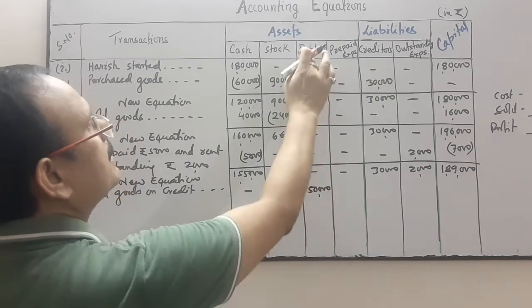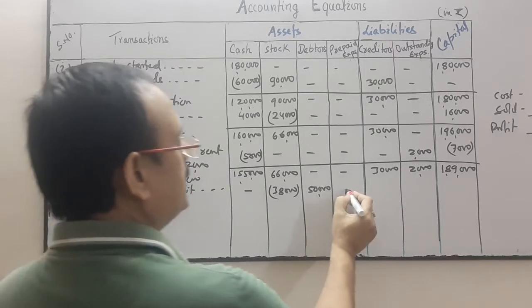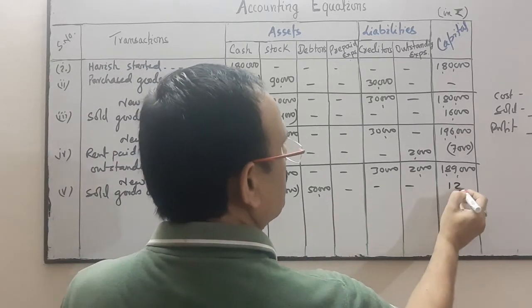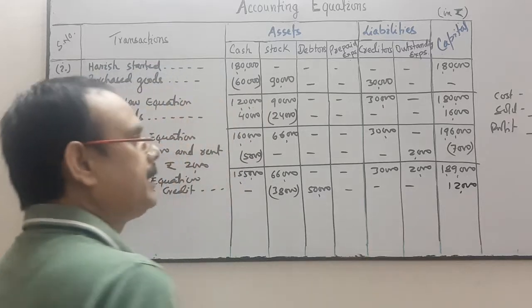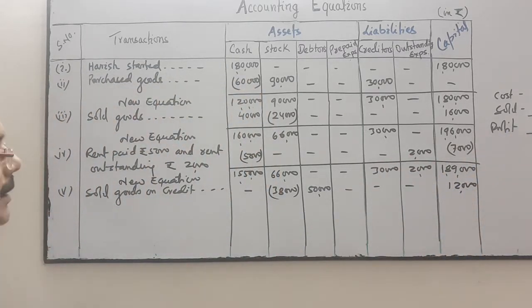Your debtors account will increase by 50,000, and the profit will be transferred to the capital account. By the amount of this profit the capital balance will increase.